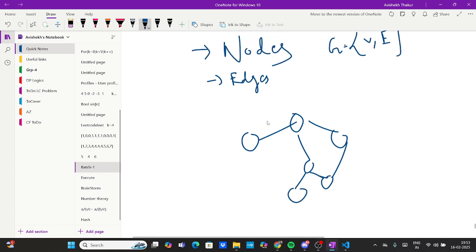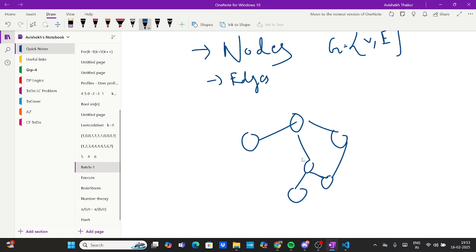Now a graph can have n nodes and m edges, and the difference between a graph and a tree is that a tree is a subset of a graph. Graph is like the superset and tree is a subset of it, with some properties which we have already studied, that there are n nodes and n minus one edges, but here there can be m edges. And there won't be any unique path between two nodes.